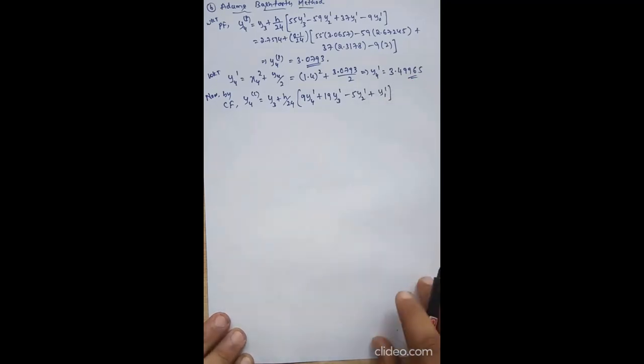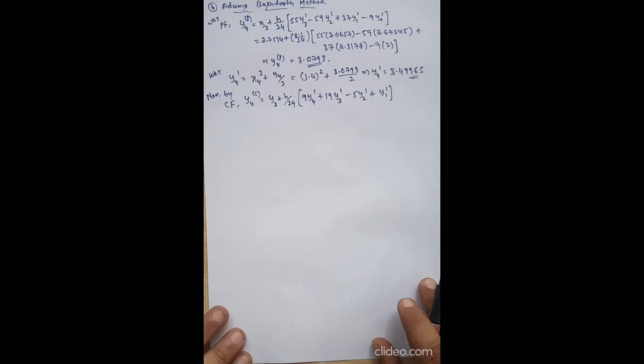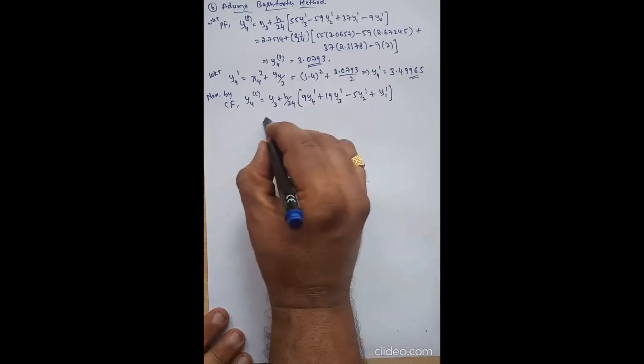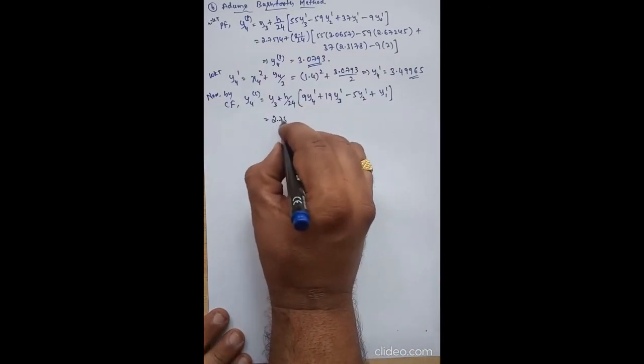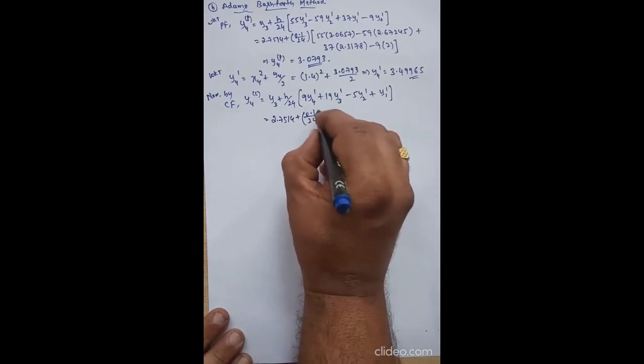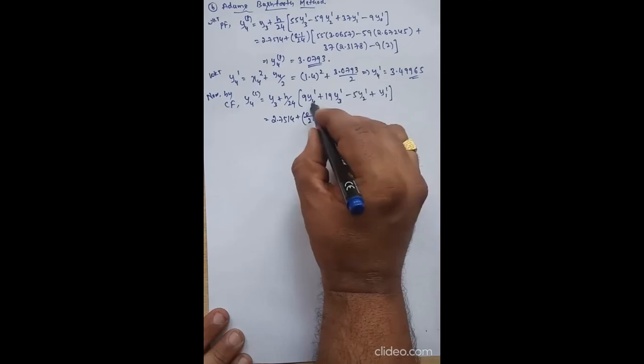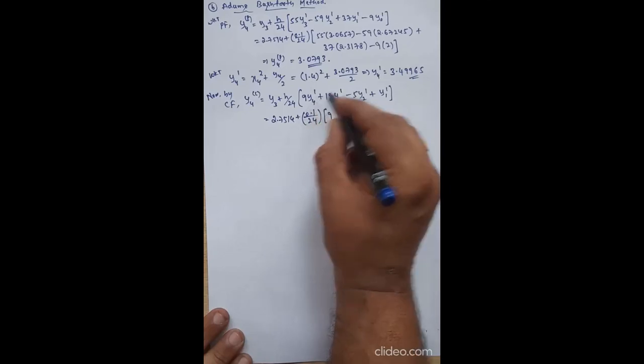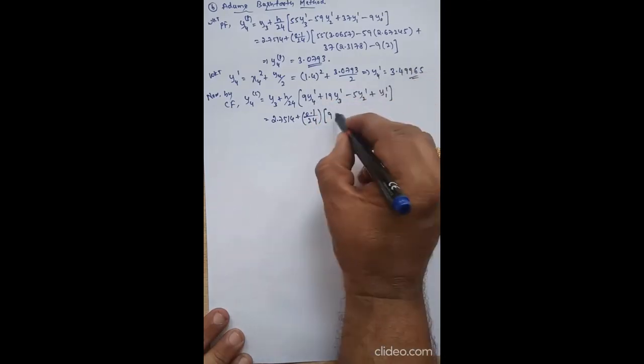So this is our Adams-Bashforth corrector formula. So substitute the values. y3 is 2.7514 plus h is 0.1 by 24 into 9 y4 dash. So y4 dash we have calculated here. Let us use that.